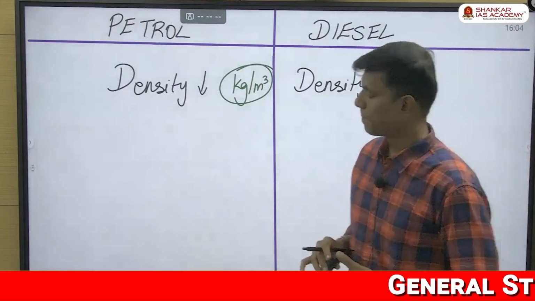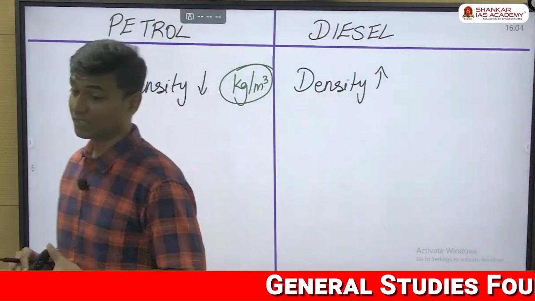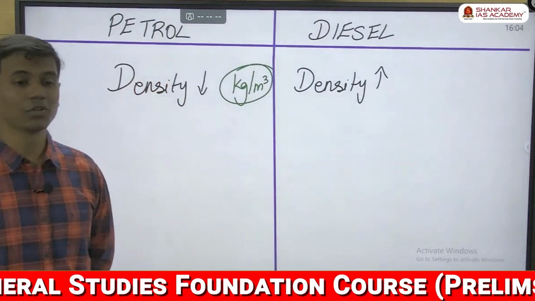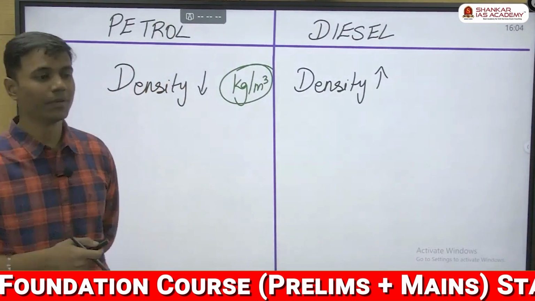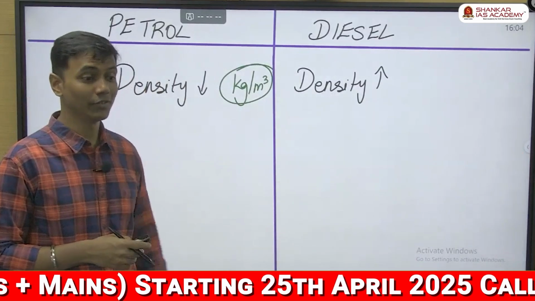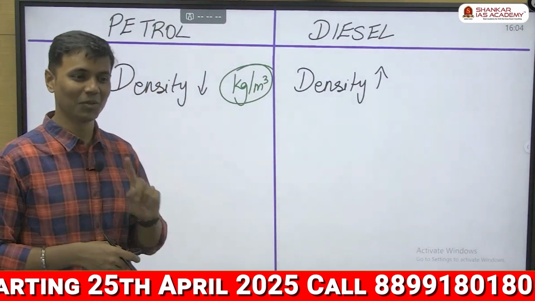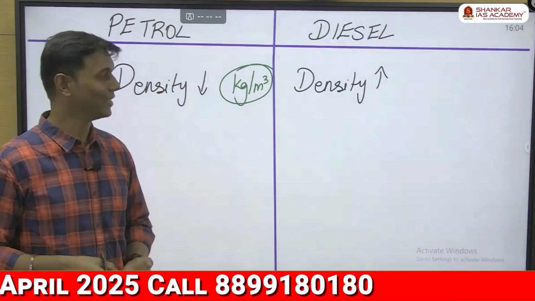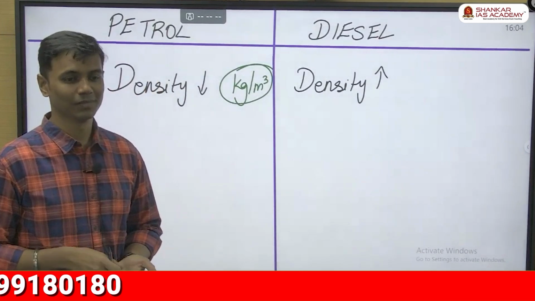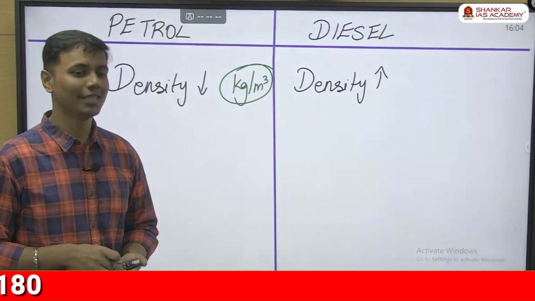Okay. Then, which has higher energy density? That is, for every kilogram you burn, which should produce more energy, petrol or diesel? Random guesses. UPSC gives you 4 options, I give you only 2. Diesel or petrol? Okay. Diesel has higher energy density.